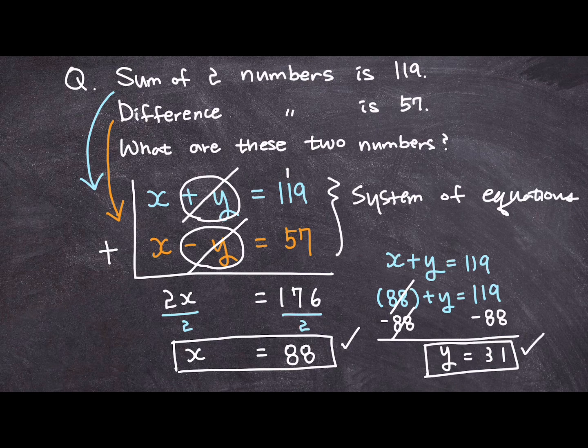So you can present your final answer as x is equal to 88 and y is equal to 31, or those two numbers happen to be 31 and 88. So that was the elimination method. That's one of the methods to solve a system of equations.